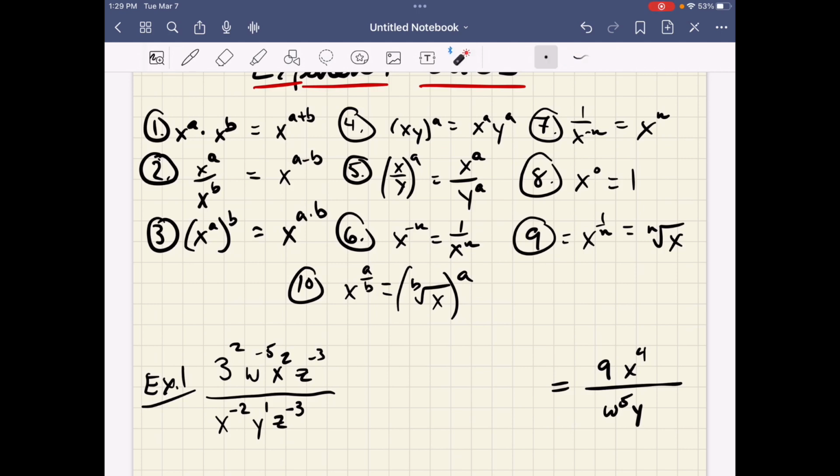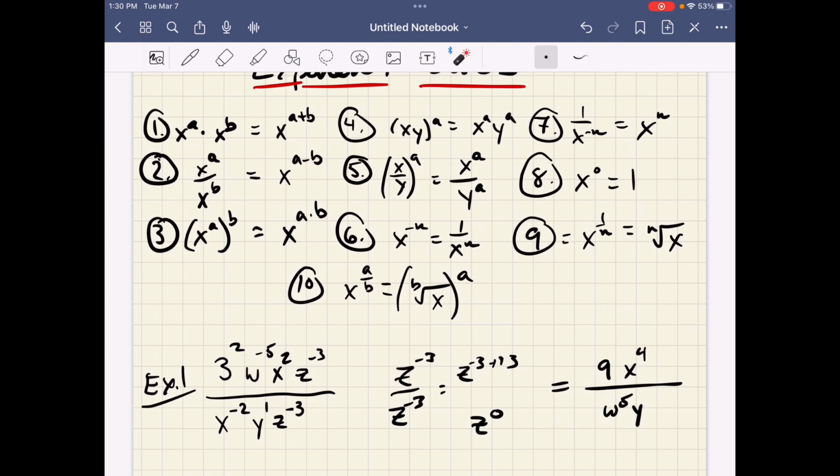Next, I'm going to move on to z. I have z to the -3rd over z to the -3rd. So I'm going to rewrite just that here. I'm going to apply the division rule, rule number 2: x to the a over x to the b. I simply take my 2 exponents and subtract them. So I have z to the -3 minus -3, which becomes plus a positive, which becomes z to the 0 power.